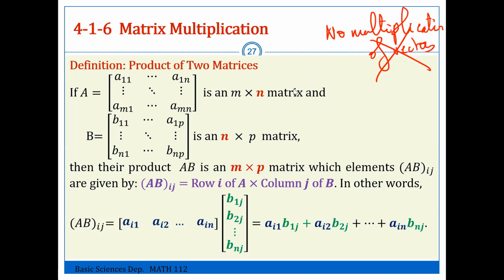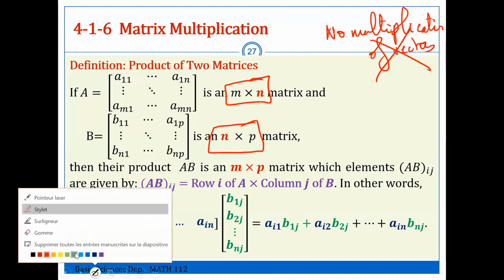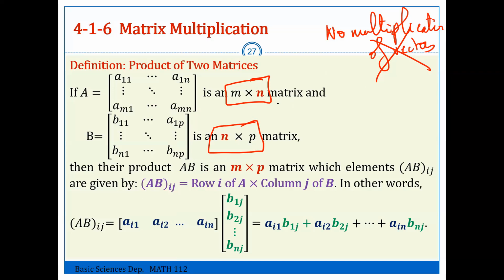The first condition, very important: we can only multiply matrices when the order of A is m by n and the order of B is n by p. What do you remark here? What is the condition if we want to say it in other words?